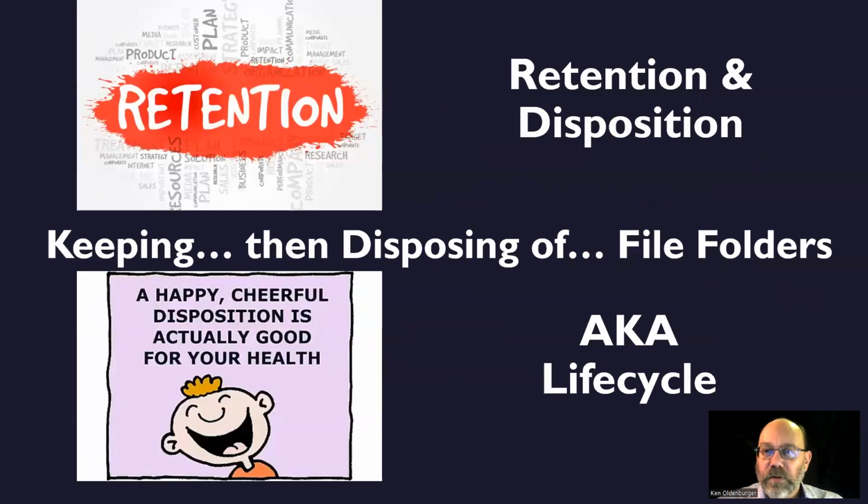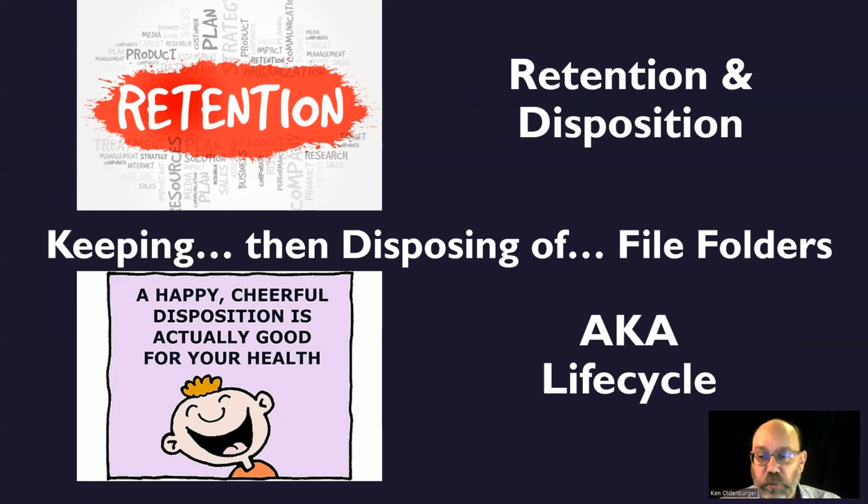All right. So we've talked about classification. That's the first major element of a records classification and retention schedule. The second most important is the retention and disposition, or the retention schedule, or the record schedule, however you want to call it. Basically, this is keeping file folders and then disposing of file folders.